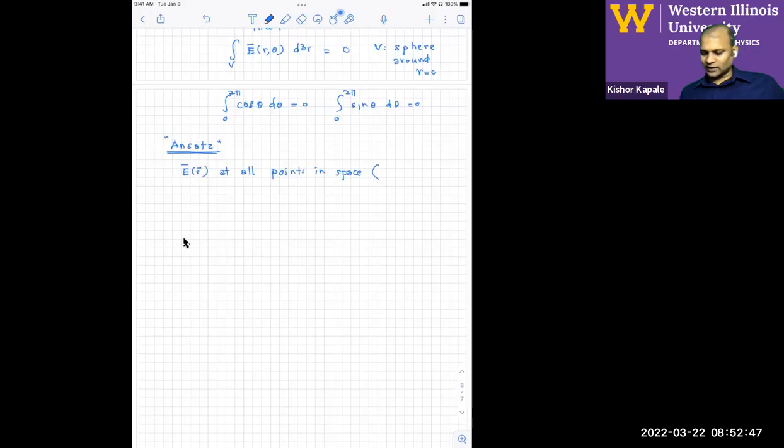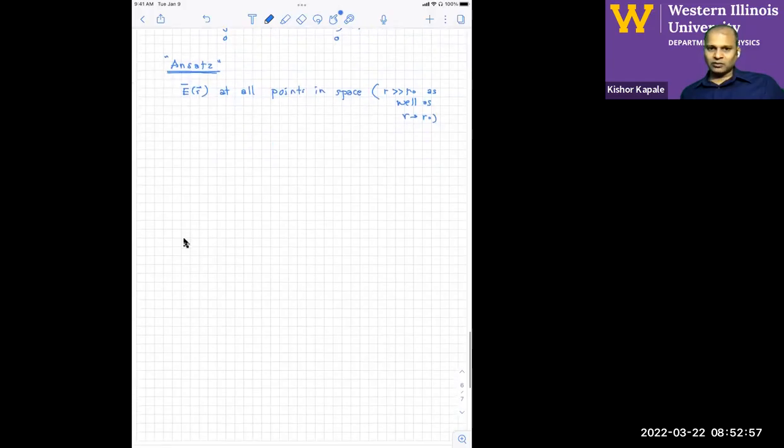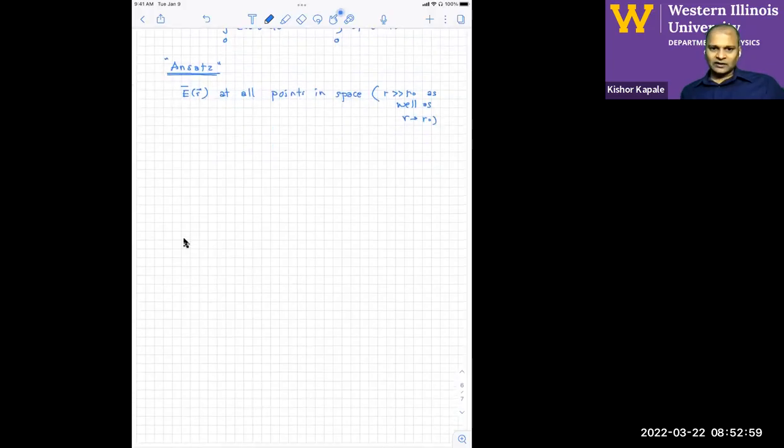That means including r greater than r0 as well as r tending to r0. That's what I mean by all points in space. Then we can write down the electric field to be the expression that we are familiar with from our multipole expansion dipole theorem, which is this.